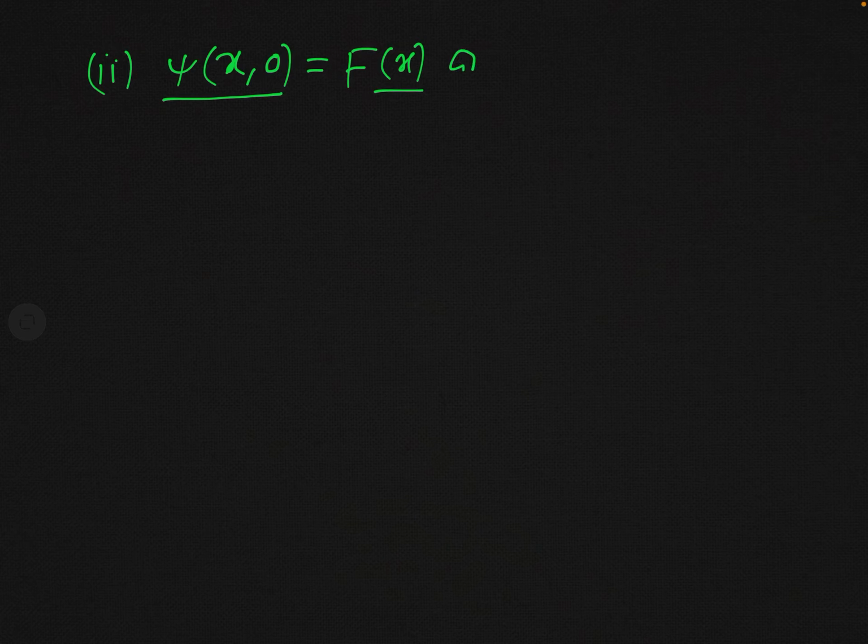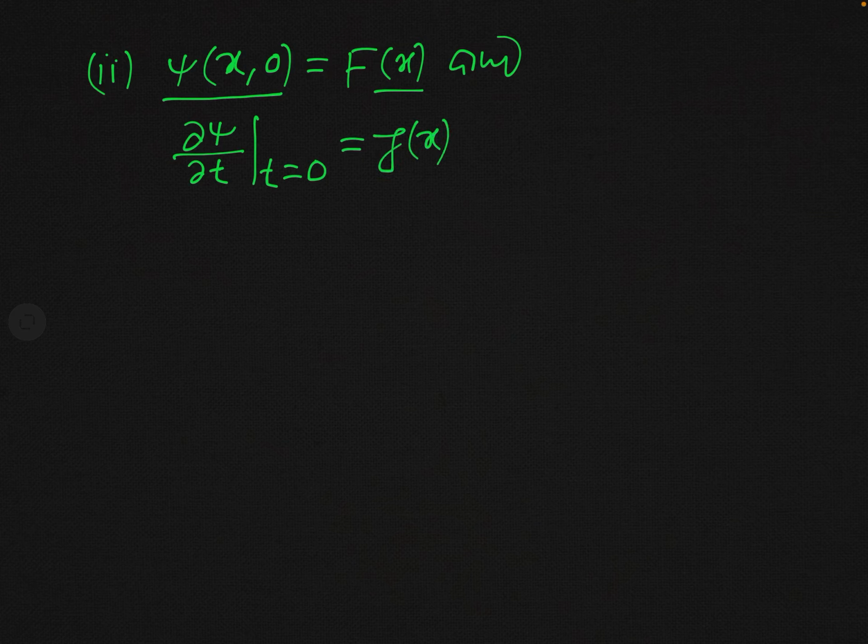And at the same time, you have also seen that del psi by del t is the particle velocity, and del psi by del t at t equal to 0 will also be a function of x, let us say a function g of x. So this is our second boundary condition, or you may say initial condition.